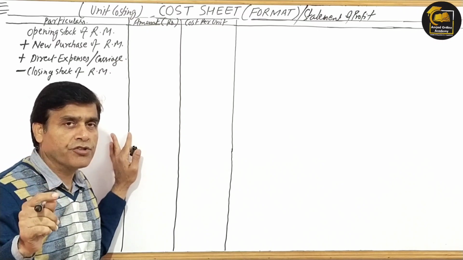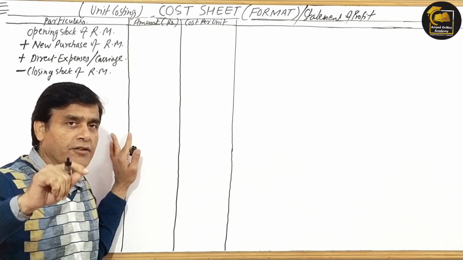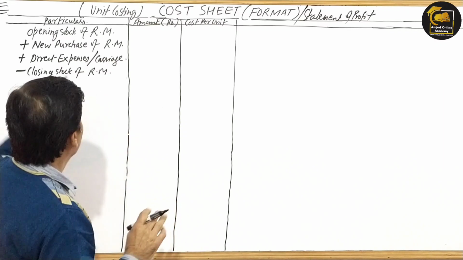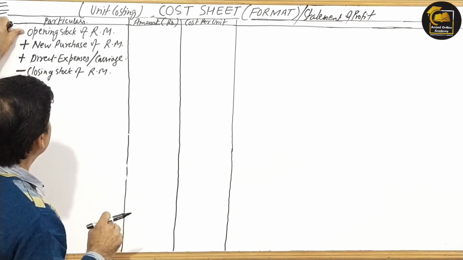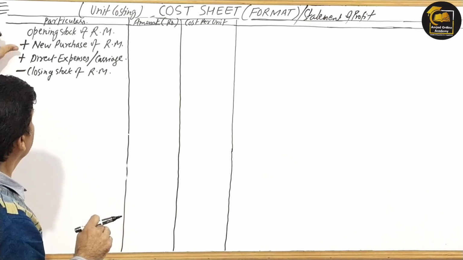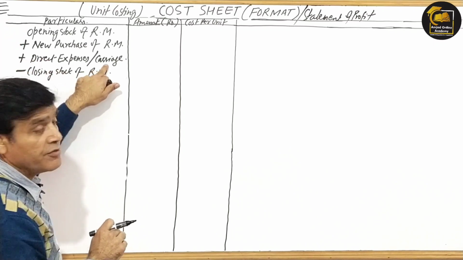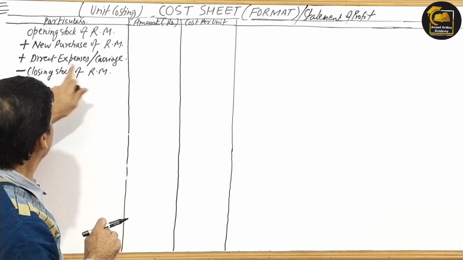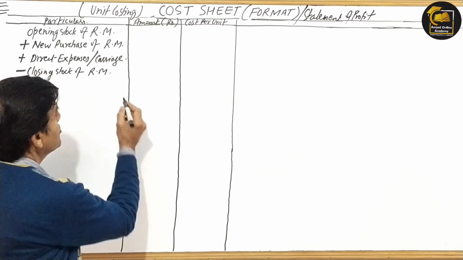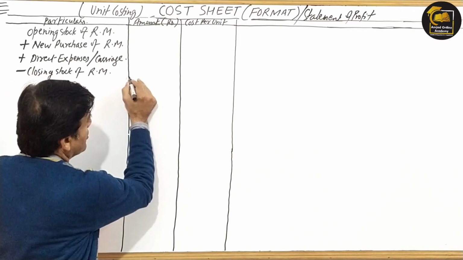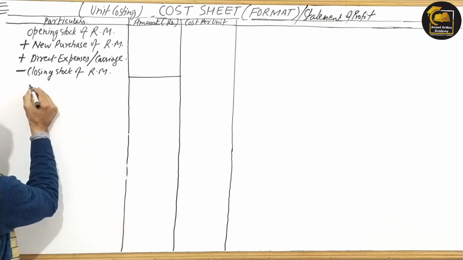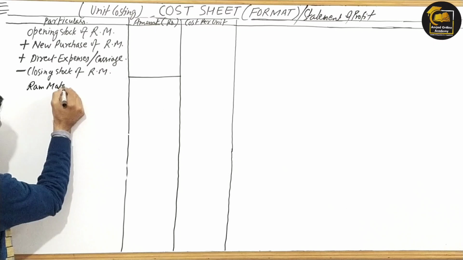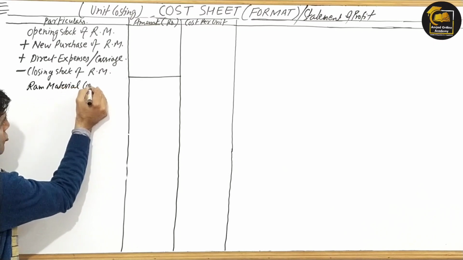Generally, while preparing the cost sheet, all the opening stocks of everything will be added, and all the closing stocks will be deducted. So this is the formula: opening stock plus new purchase of raw material plus direct expenses, which we are referring to as the carriage inward only, minus the closing stock, comes equal to raw material consumed.